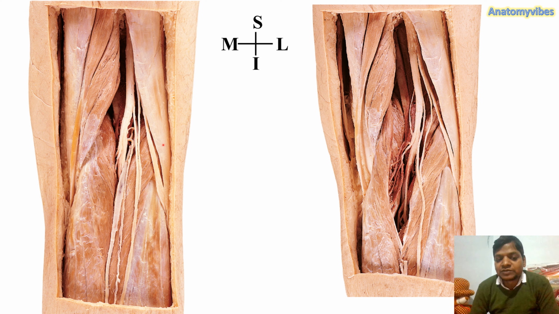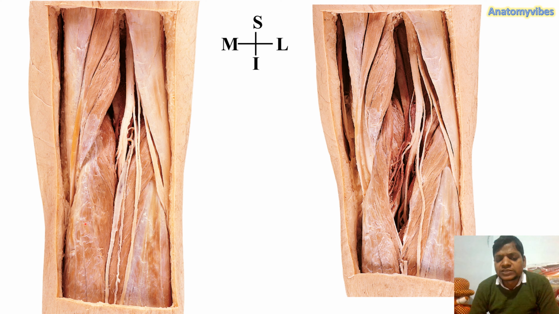Laterally you can see one muscle, this is biceps femoris muscle. Medially you can see two muscles, one is semimembranosus and another is semitendinosus.